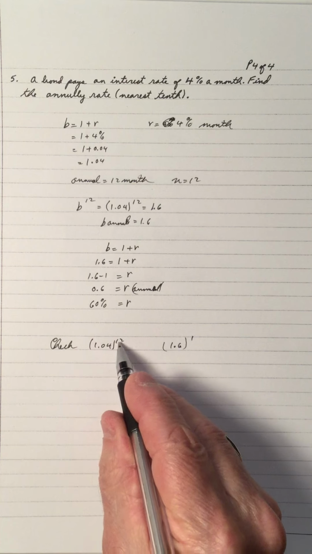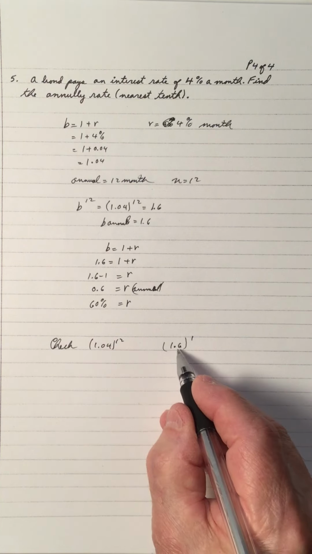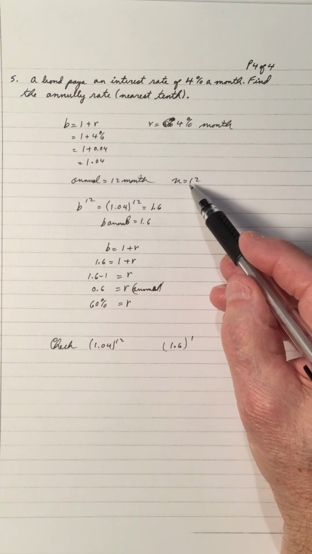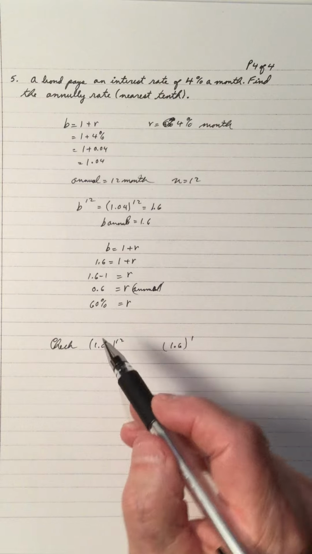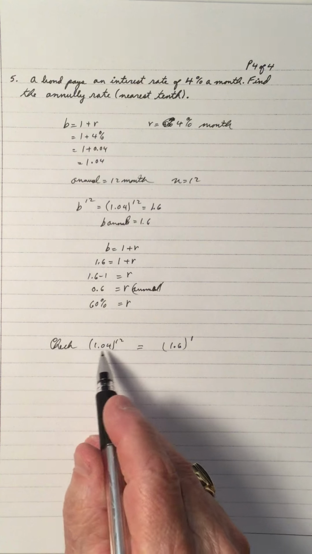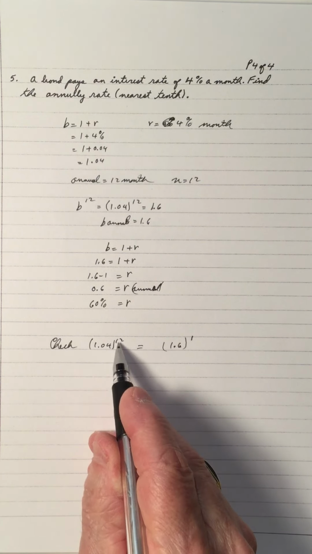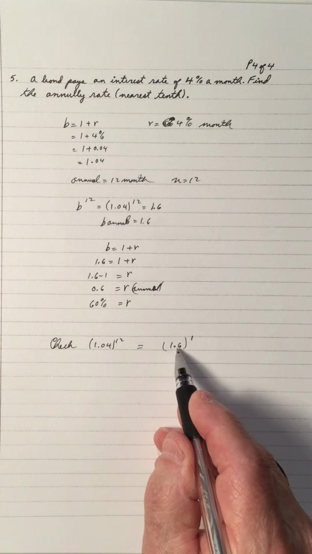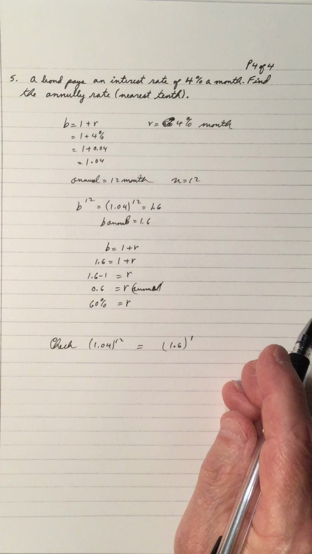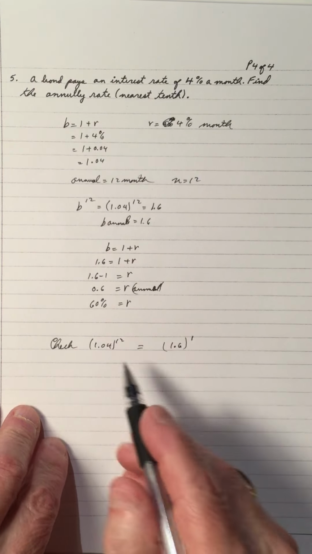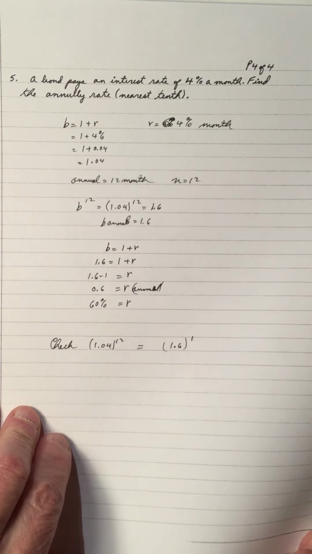So no matter if you put in 1,000, 10,000, or 20,000, these two numbers are the same, because that's the monthly rate compounded 12 times, and if you did 60%, which is 0.6, once, you get the same amount. Just wanted to show you that.